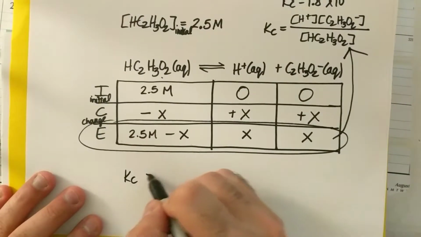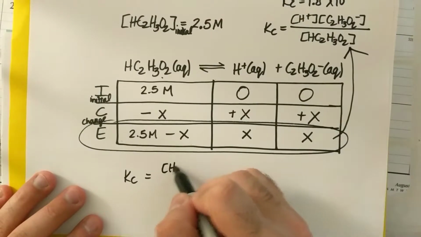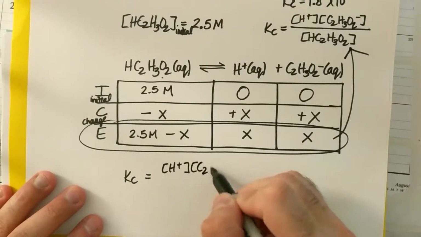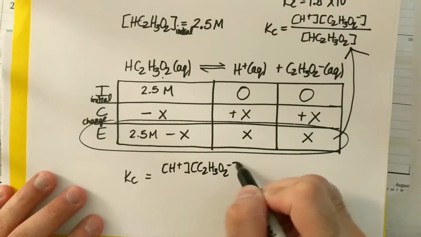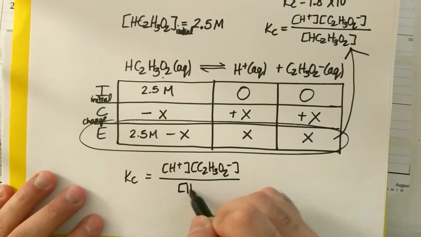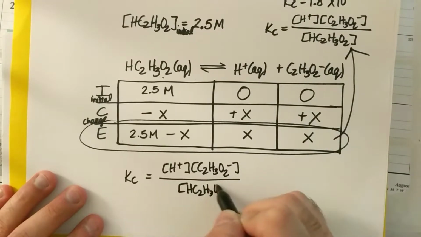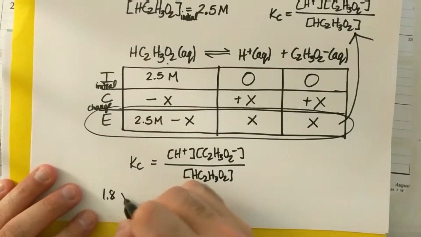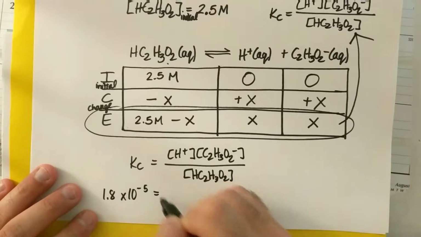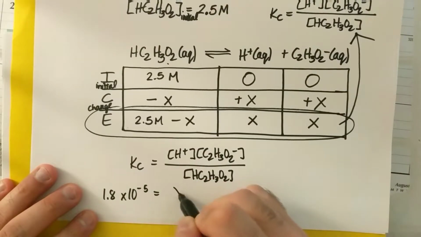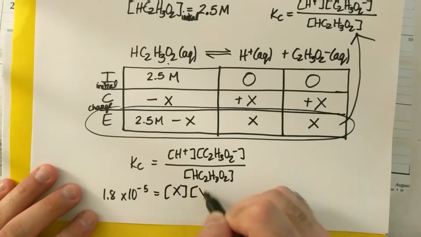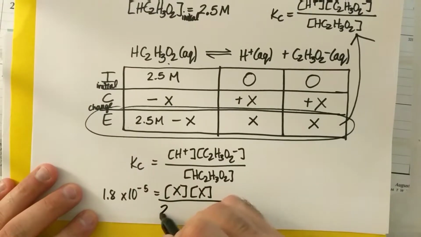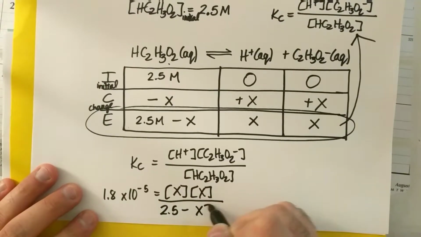So Kc is equal to concentration of H plus, concentration of C2H3O2 minus, over the concentration of HC2H3O2. And now I'm just going to plug in my values. 1.8 times 10 to the minus fifth is equal to X, X, all over 2.5 minus X.